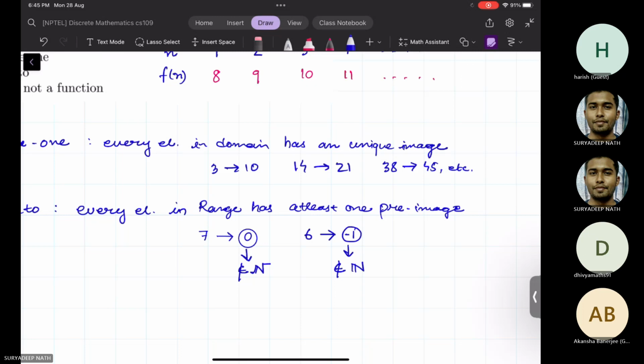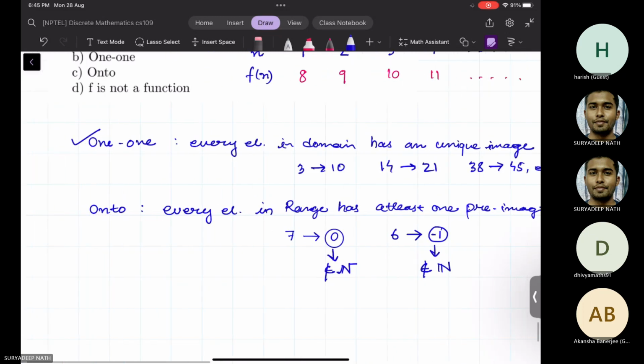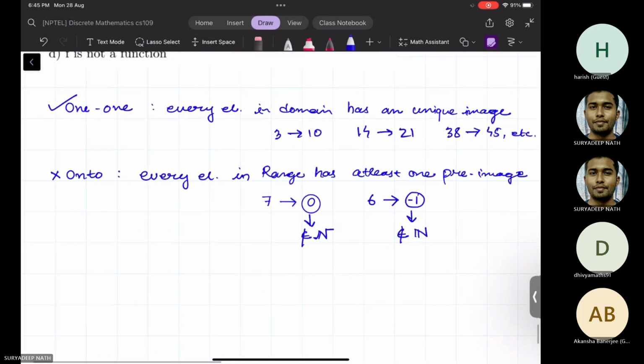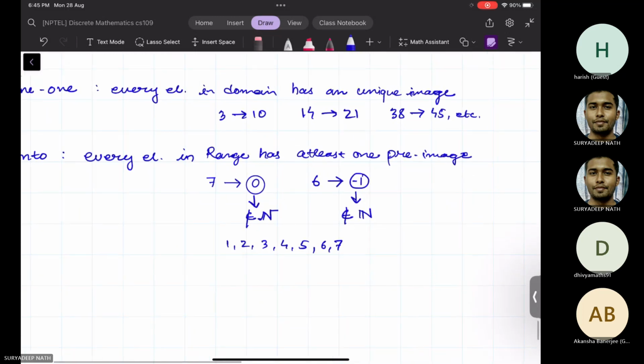Right. So someone has mentioned that 1, 2, 3, 4, 5, 6, 7 have no pre-images. So therefore, it is not onto. Sorry, 0 is not right. 1, 2, 3, 4, 5, 6 have no pre-image.